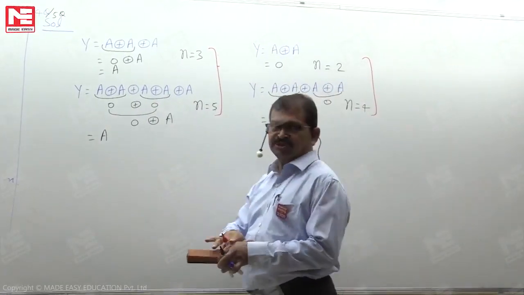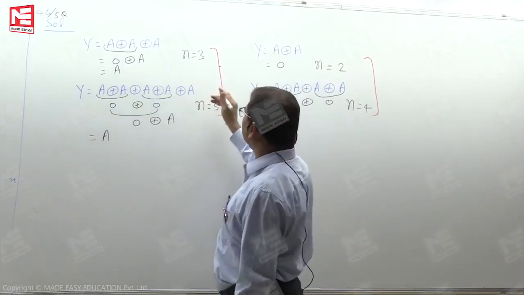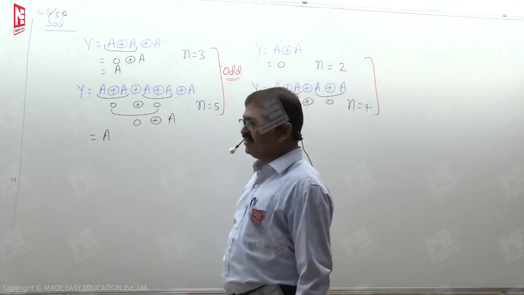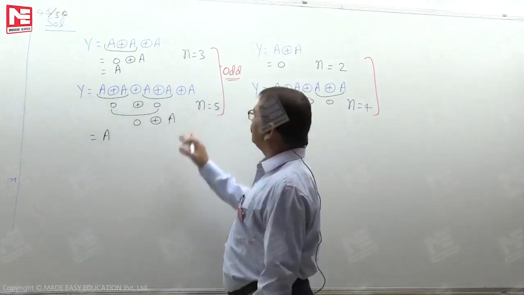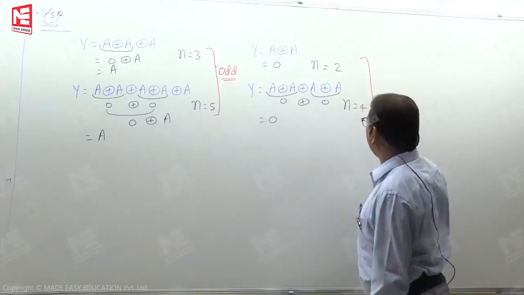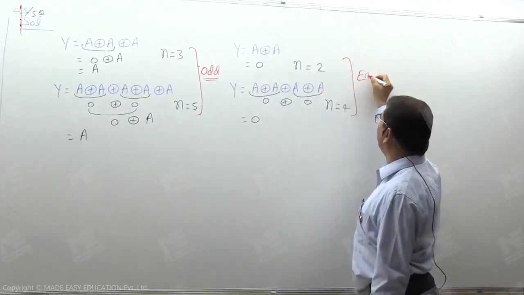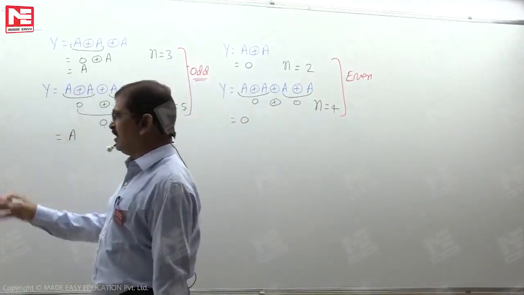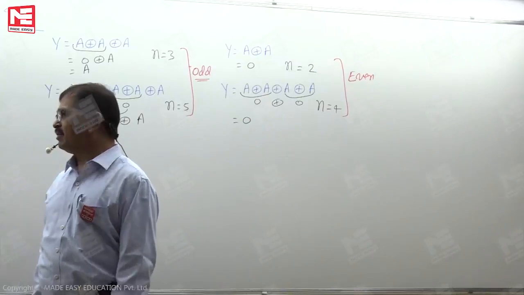Based on the question description, this is the case for odd. If n is 3 or 5, it is a case for odd. And when n is 2 or 4, it is a case for even. The variable A is present in the above equation n number of times.